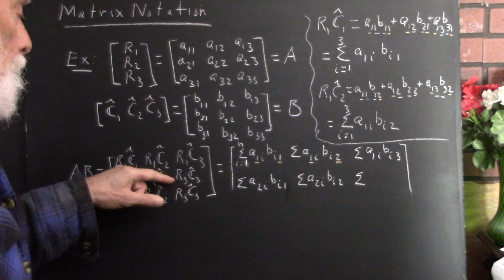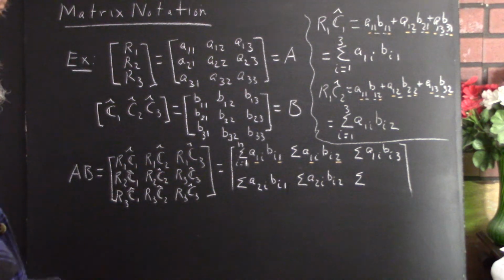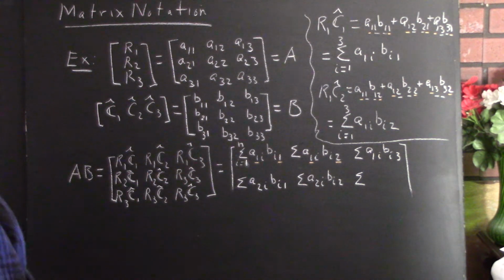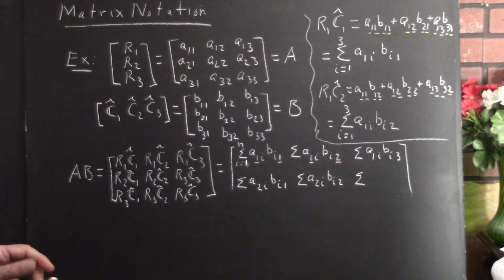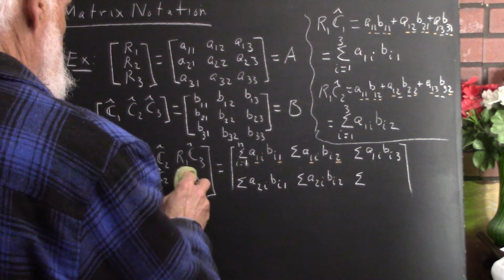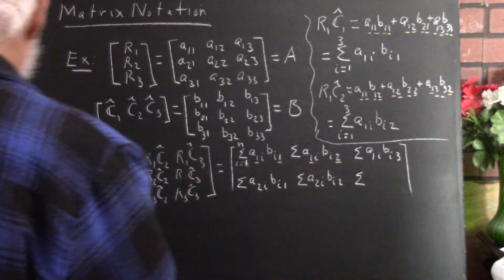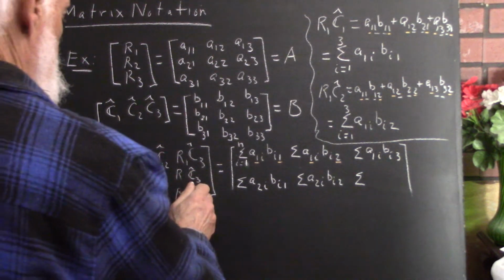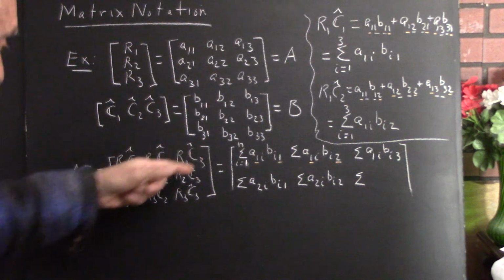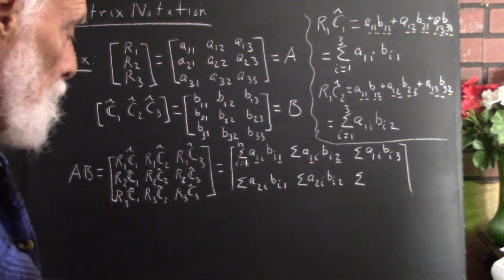Now, I wrote a 3 here, which again might have led to a little bit of confusion. And with apologies, this is row 2, column 3, obviously. All these are row 1, all these are row 2, all these are row 3.